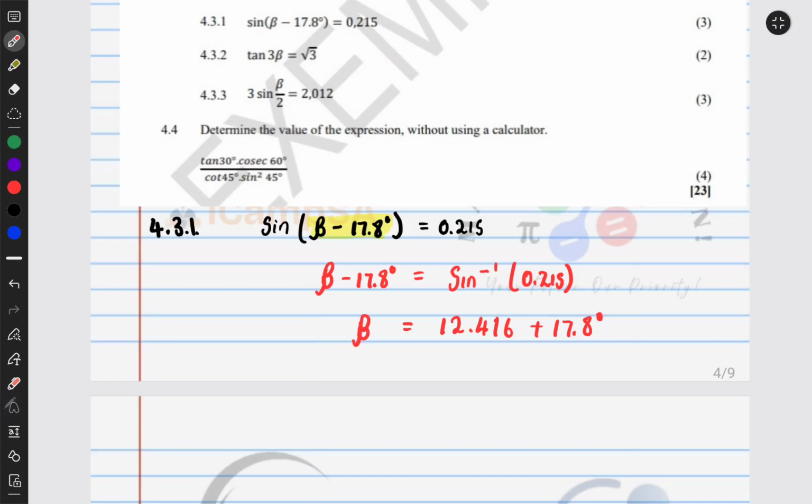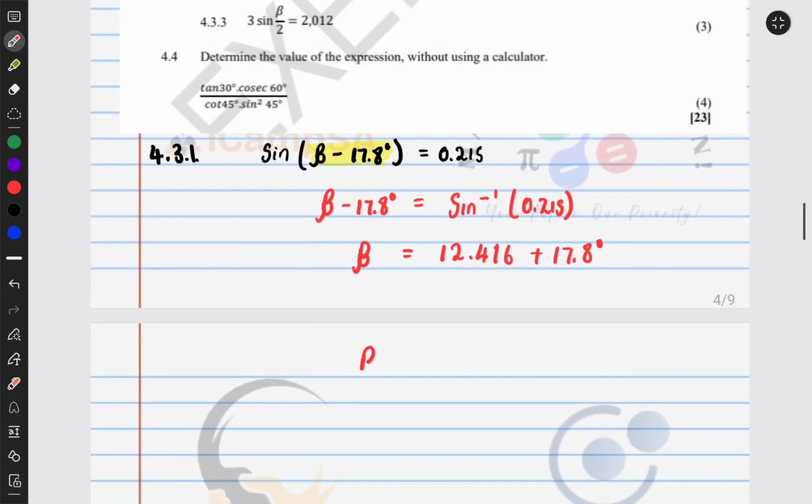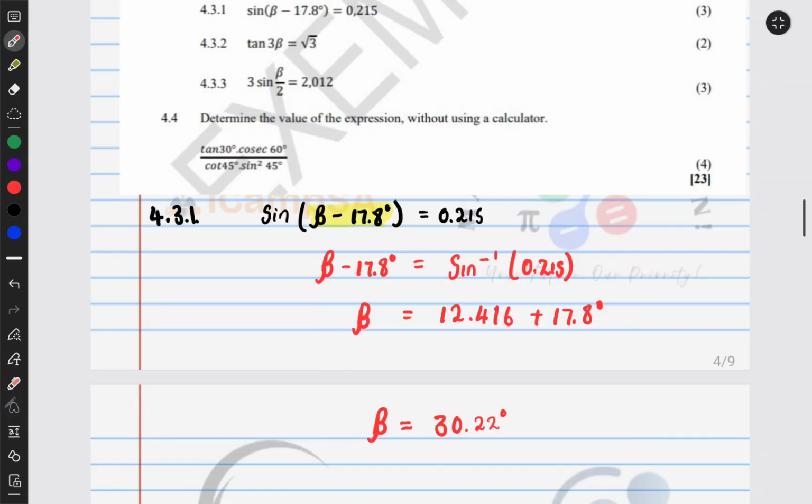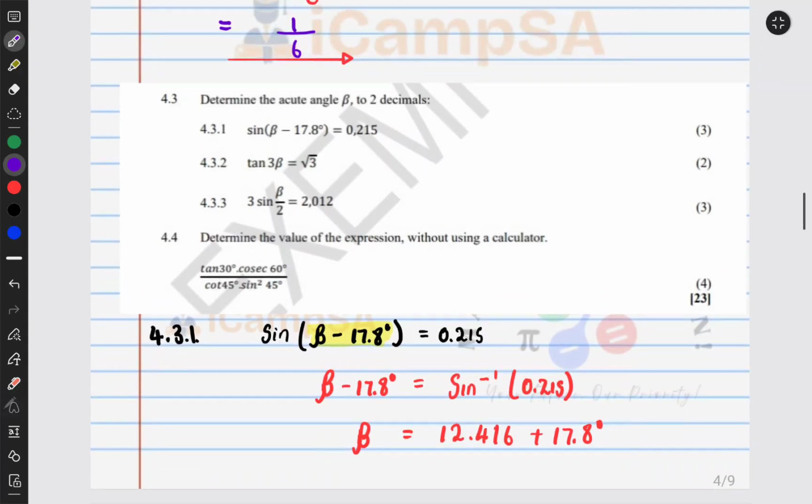Therefore, beta is going to be 30.22 degrees to 2 decimal places. Yes, that is your final answer, and it is an acute angle as they told us.